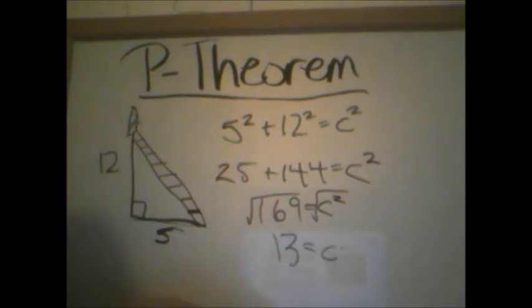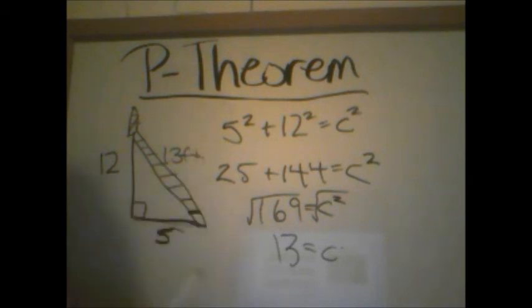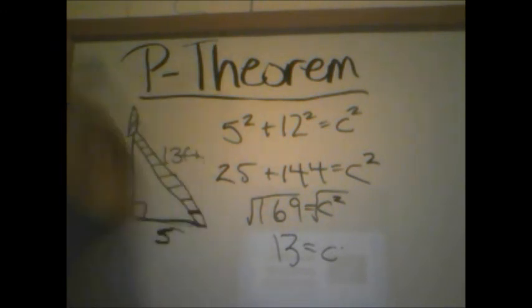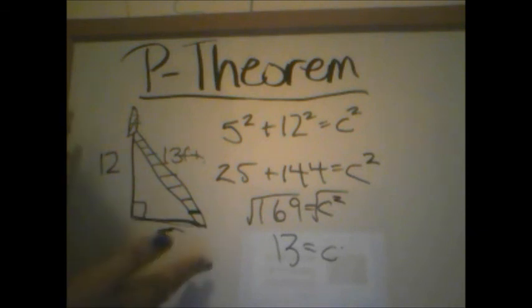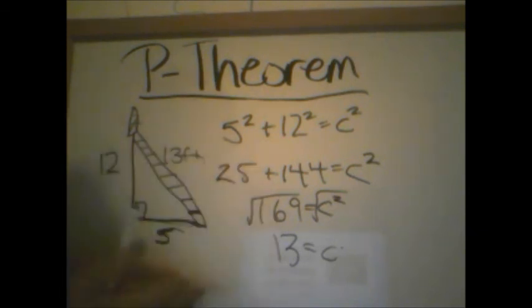So to answer the question, the ladder needs to be 13 feet in order to reach the bottom of Tyra's window. And that's how you would basically do a word problem. Sometimes they get a little bit more wordy than the word problem that we did, but you would still do it in that same method: figuring out how to draw it, applying it to the equation, and breaking down the equation accordingly.